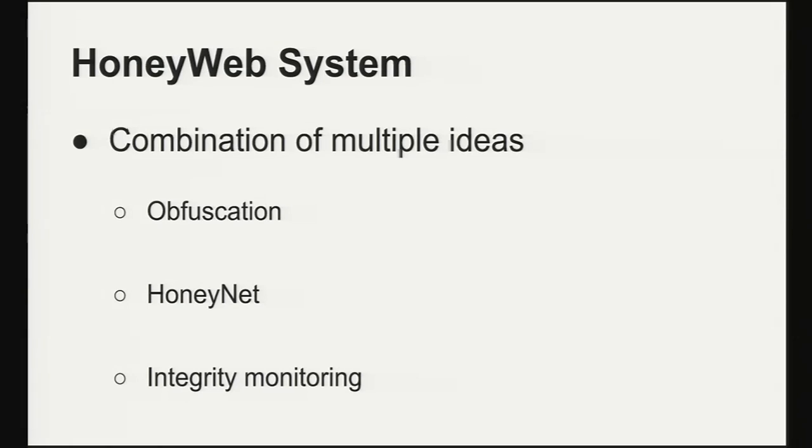So in this paper, we propose the HoneyWeb system. It combines three very simple, or actually existing, ideas. One is obfuscation. With obfuscation, we have the ability to stop the malware from injecting content into the place they want. However, if you just stop them, the Trojan just fails silently.